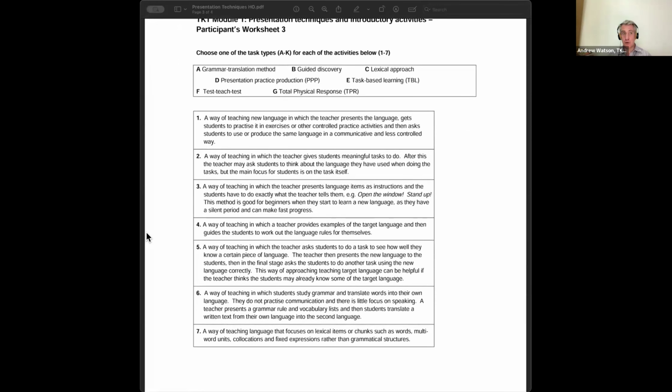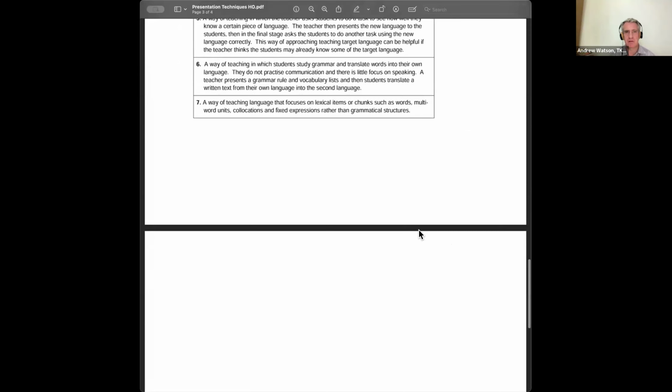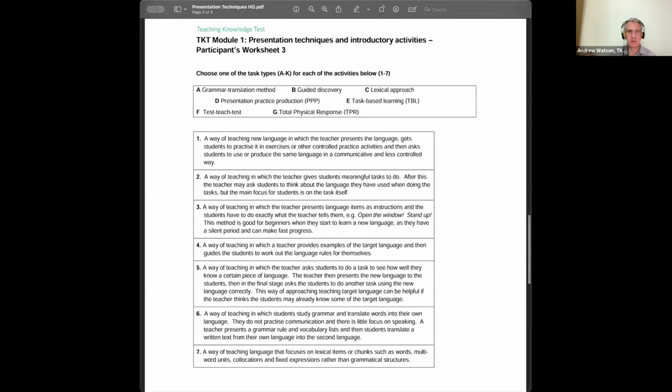You can use the TKT glossary to check those concepts if you wish. So, how much time shall I give you for this one? You've got to choose the correct name for each approach.